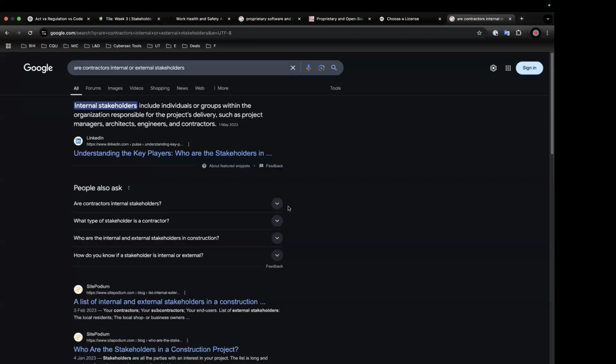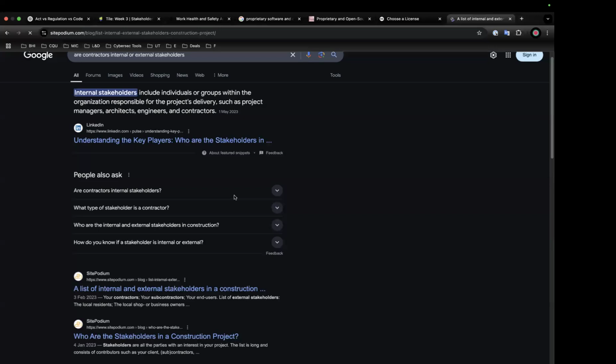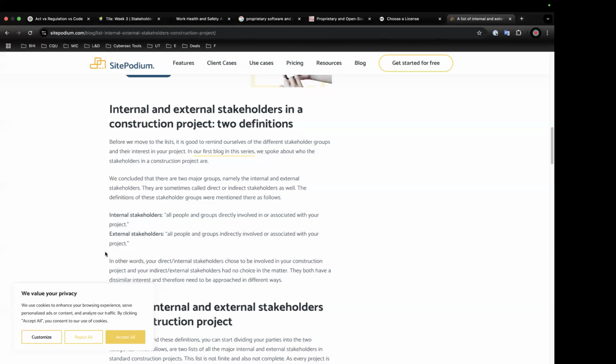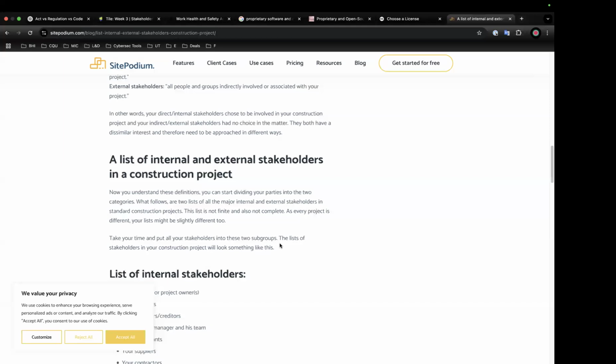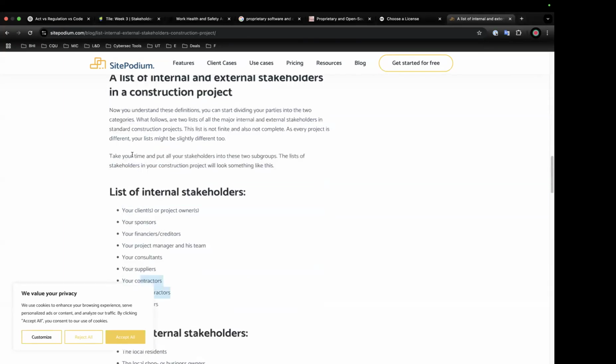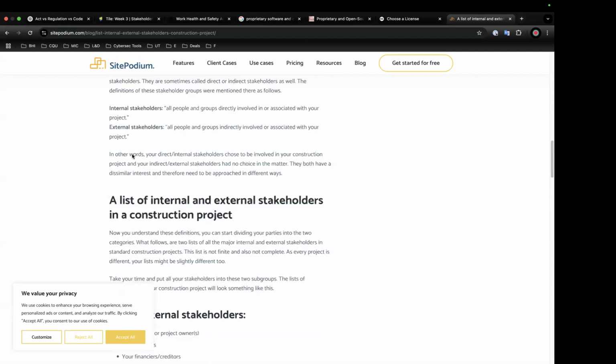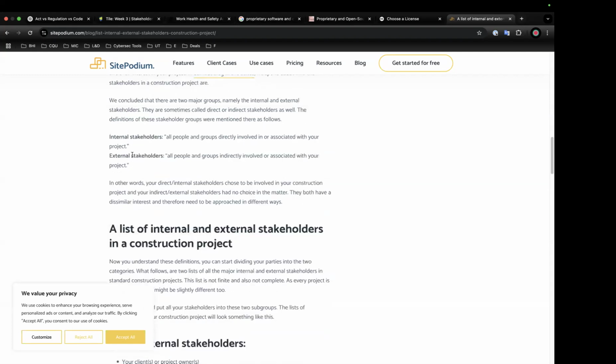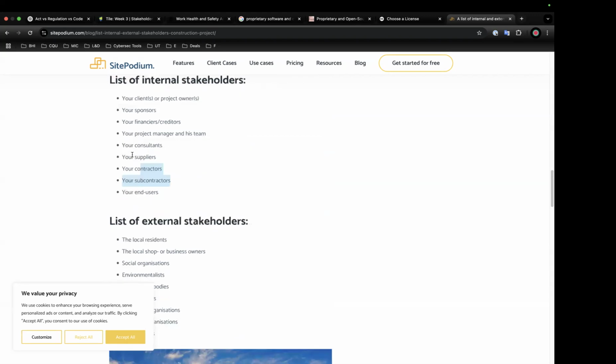Let's have a look at what it says. Are they external or internal when outsourcing work? Good question. I still lean towards internal because they're directly involved in your project. See what I mean here? It says internal, right? Contractors, subcontractors, that would be internal because they have involvement in the organizational projects.